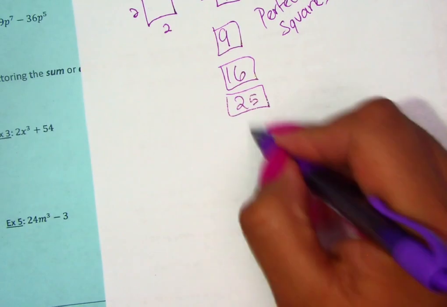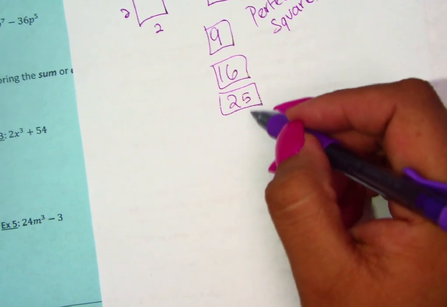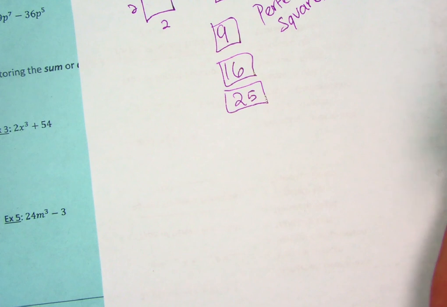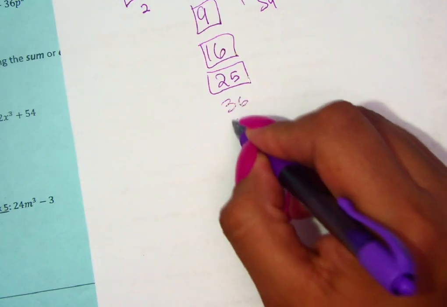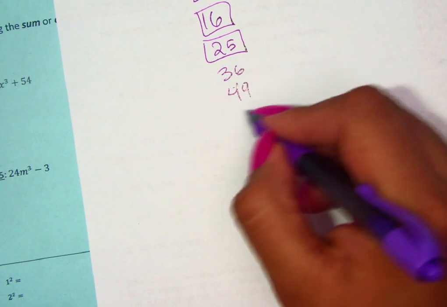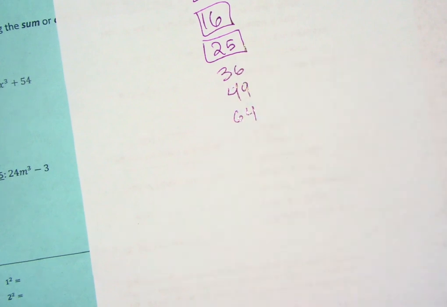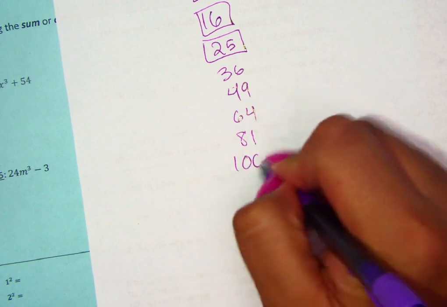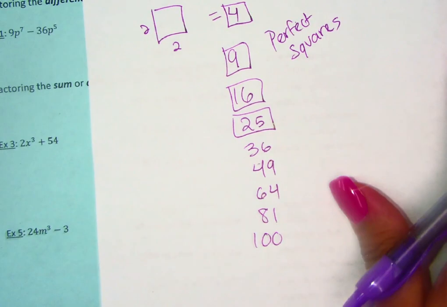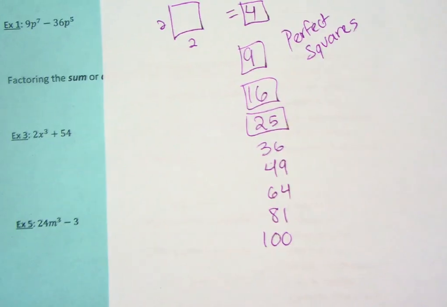So push yourself to memorize these numbers, why not all the way to 15, so that you can recognize them super fast whenever you see them. I'll just keep going if needed, but for now, just know that these are all perfect squares.